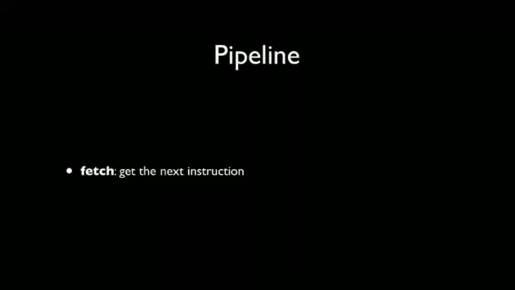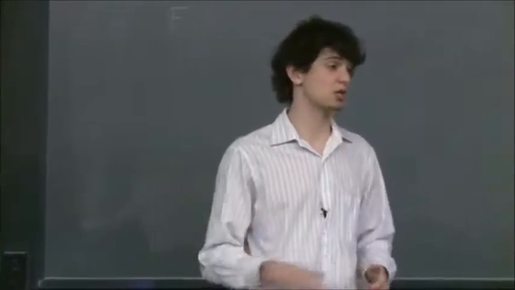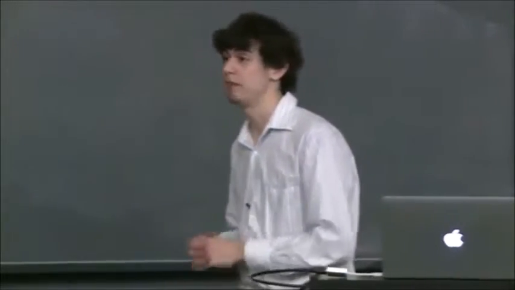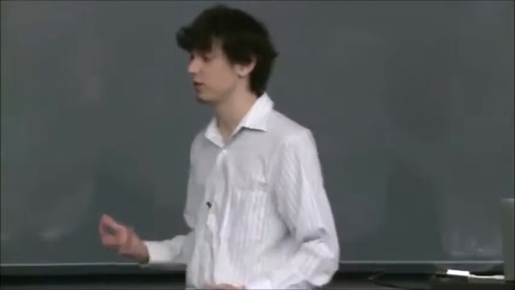The first step in our pipeline is going to be the fetch step. This says that I need to figure out what instruction I need to execute. Somehow these instructions are being fed to the CPU, and the first thing we need to ask is, well, what do I need to do? Remember that these instructions are going to be stored in binary, because that's what our computer is capable of representing data in. It's all zeros and ones.